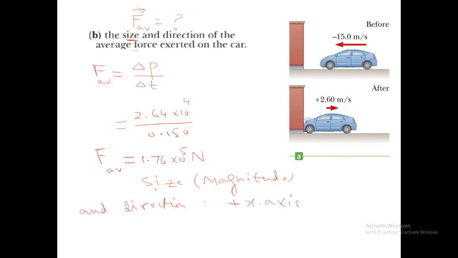Before collision it is going along the negative x-axis, and after collision it is going back towards the positive x-axis. This is clear from the picture also, but from the numerical value also you can say it's positive, so along the positive x direction.